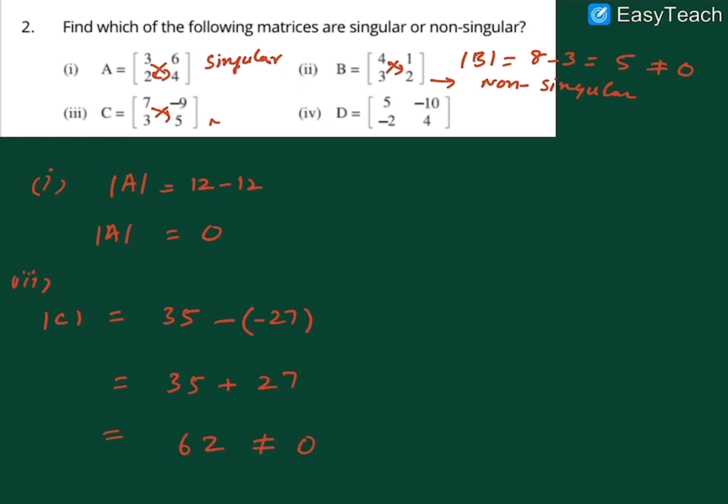So this one is also non-singular. D determinant, part 4: 5 times 4 is 20, minus 10 times minus 2, which will be plus 20, which is equal to 0. So D is singular. We will not say that D determinant is singular, rather D is singular.